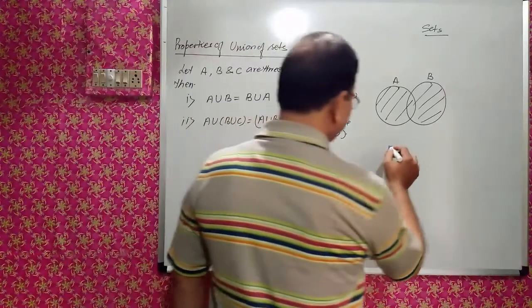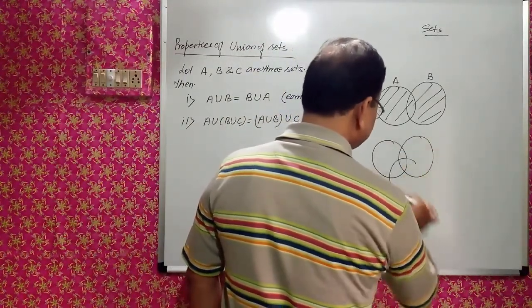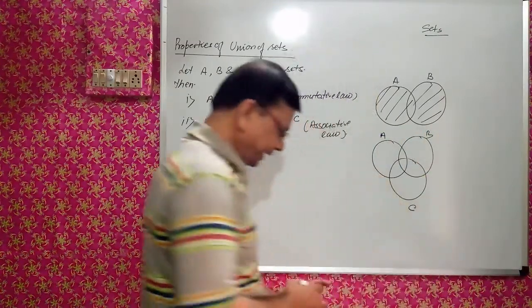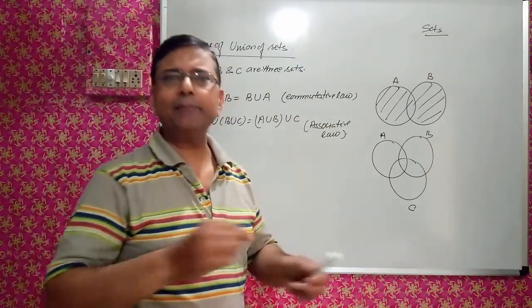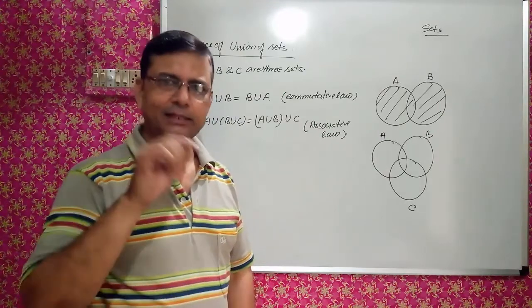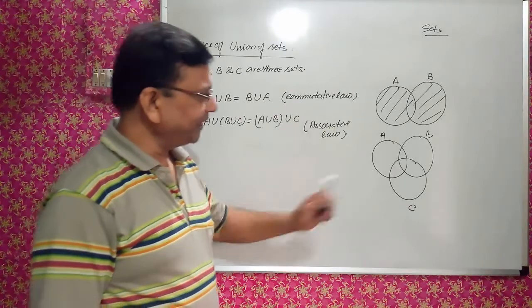See, like this. This is A, this is B and this is C. I am showing it by Venn diagram. It is easier to understand, even though it can be taken as a set also. In that case also you will find the same thing, and that is an exercise for you. You can do it on your own. So verify it.